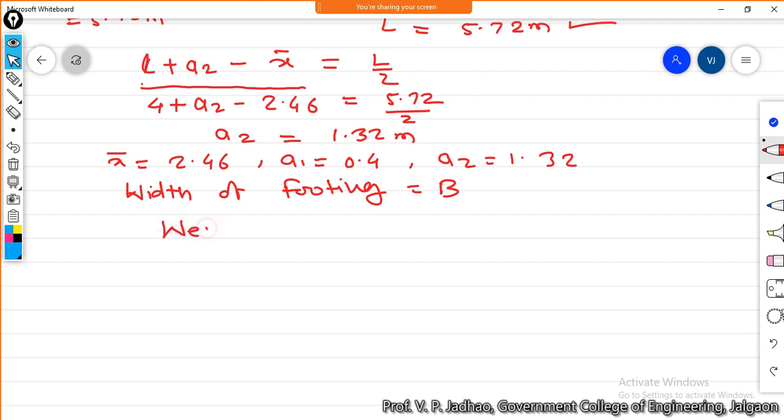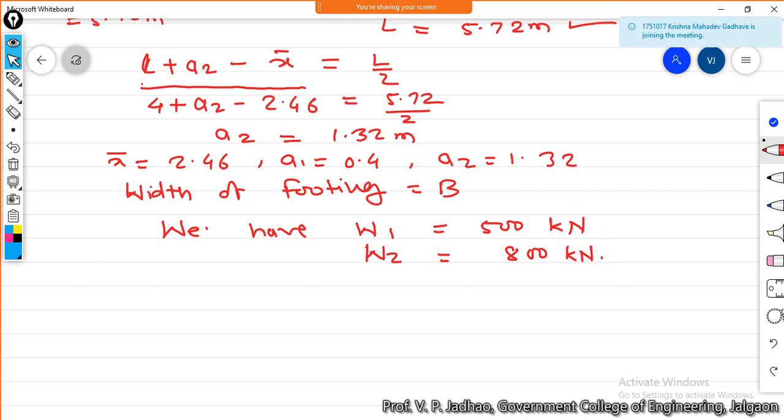We have W1 is equal to 500 kilonewton, W2 is equal to 800 kilonewton. Now let us consider the self weight of our footing.